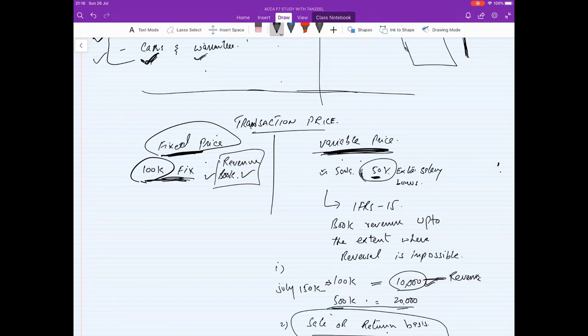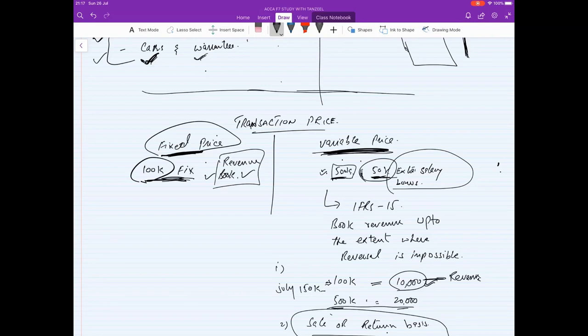Variable price is where you did not confirm the price. I can give you an example like this. You are my employee, so I will tell you that if you give me 500k profit, I will give you 50% extra salary bonus.